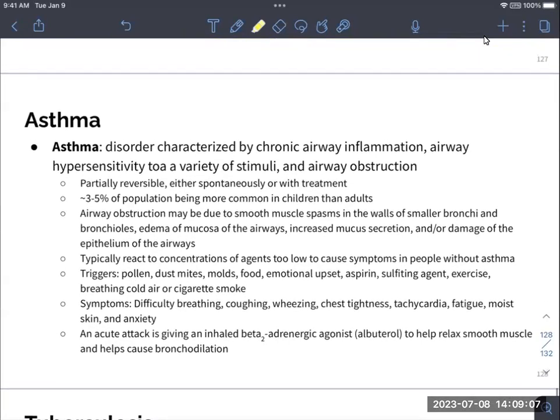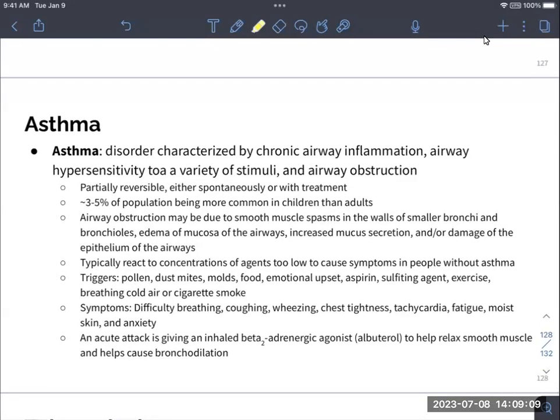Asthma. Asthma is chronic airway inflammation. Could be airway hypersensitivity to all kinds of different stimuli, or airway obstruction.